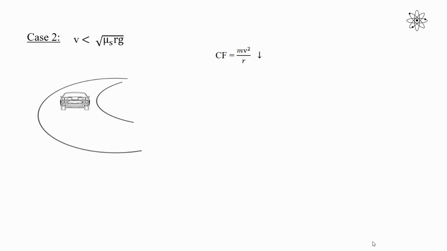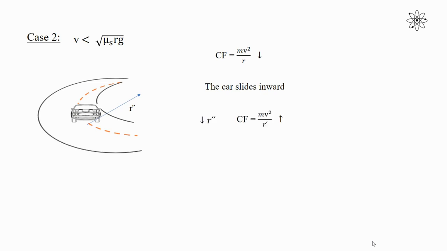As you observe, the car slides inward. Now the radius of the curved path decreases, and because of that, the centrifugal force increases. Now again, the centrifugal force gets balanced with the force of static friction so that the car stops sliding and moves along the curved path.